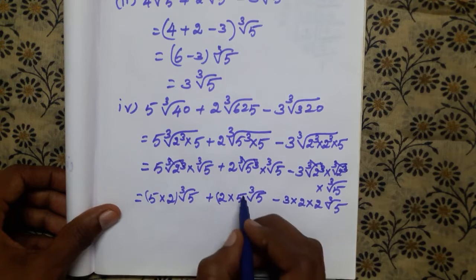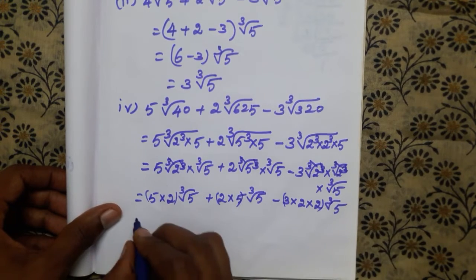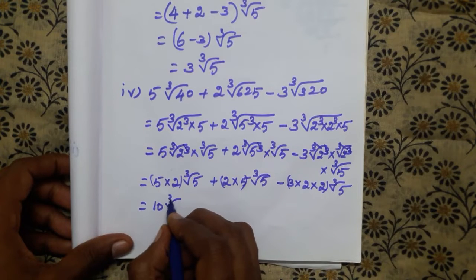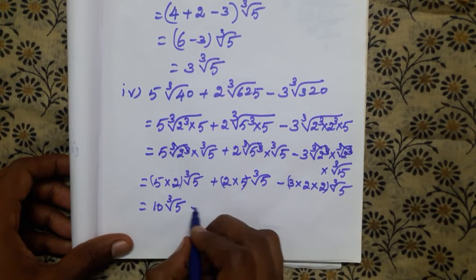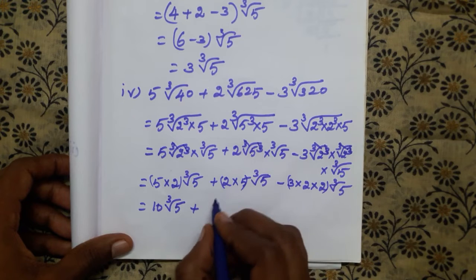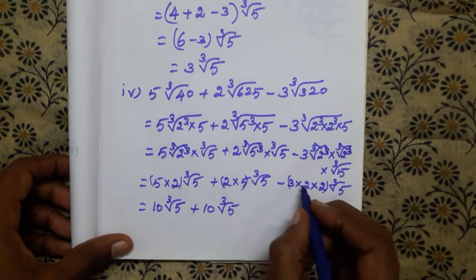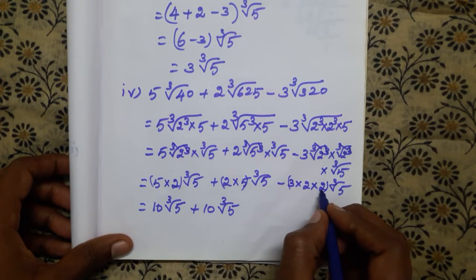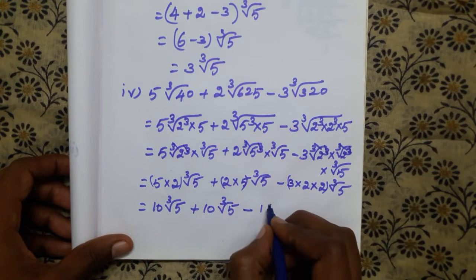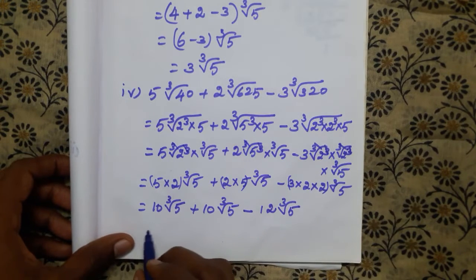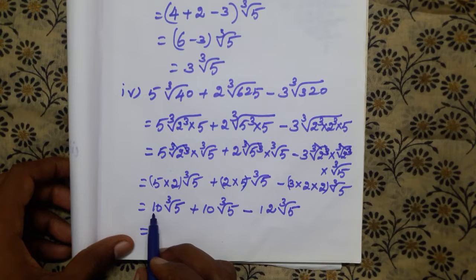It's equal to 5 2s are 10 cube root of 5. Next, 2 5s are 10 cube root of 5. 3 2s are 6, 6 2s are 12 cube root of 5. So what's the coefficient of this?